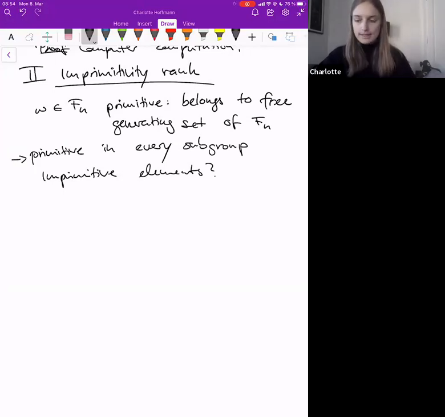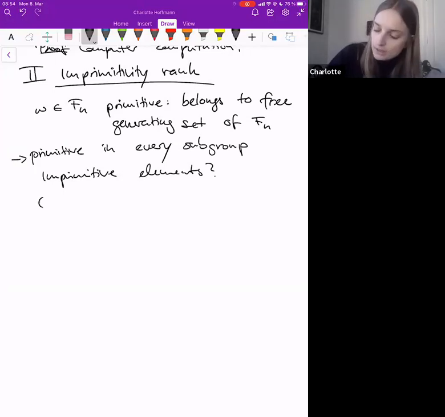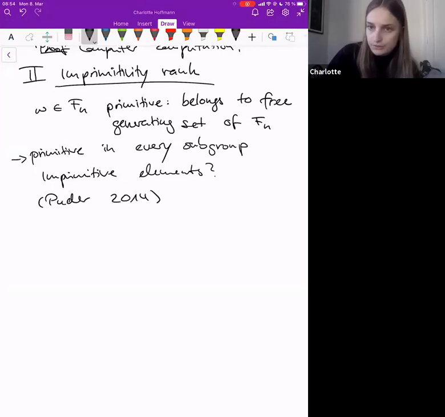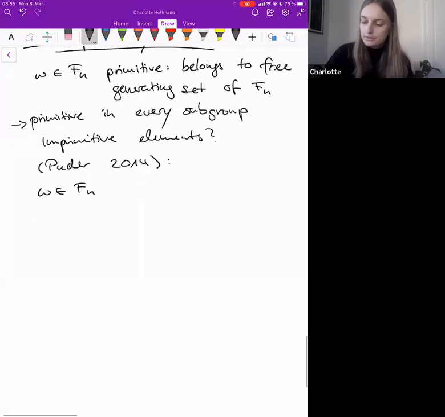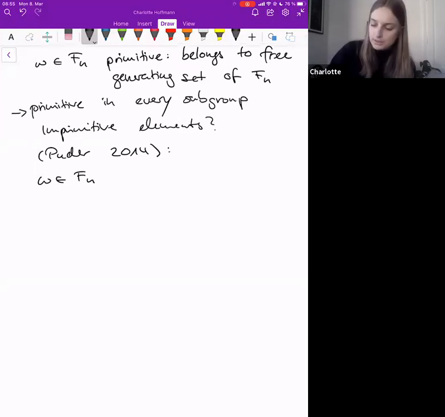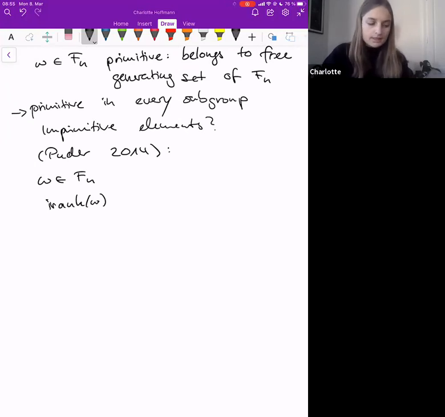And so in this case, Puder defined the imprimitivity rank in 2014. So I take a word in a free group, and then the imprimitivity rank, or the I rank that we're now writing, is the smallest rank that a subgroup H can have that contains the word W as an imprimitive element.